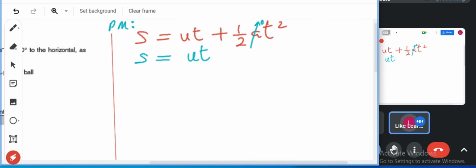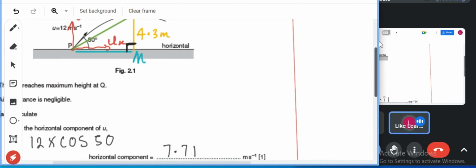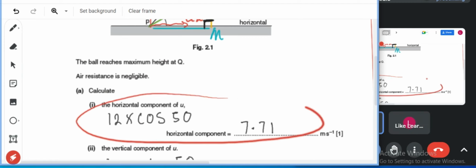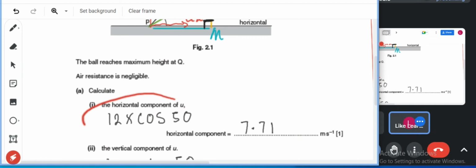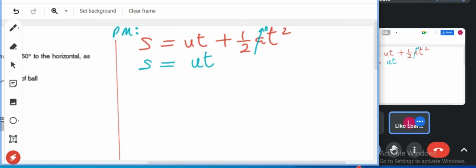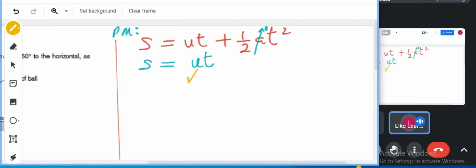Are we good on that? Yeah. So we need to use u and t. We already know what u is. U is the constant horizontal component, which you found already. I told you eventually use all this, they helped you to get this to make your work easier. So this is the value of the horizontal component, 7.71. But we need to find t. Maybe I will just write this and leave it halfway and go and find t.